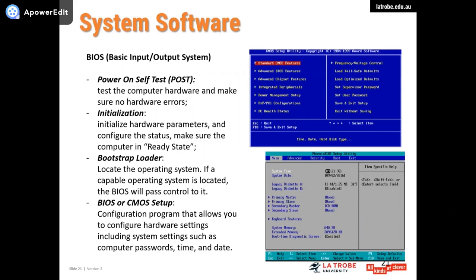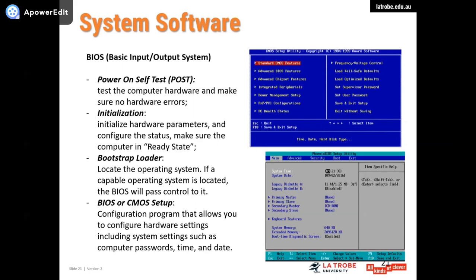Many people like to play with BIOS because here you can change many low-level hardware parameters. For example, you can set up a computer password. This password is different from the Windows password. It is saved in your CMOS, and it's not easy to remove if you forget it.